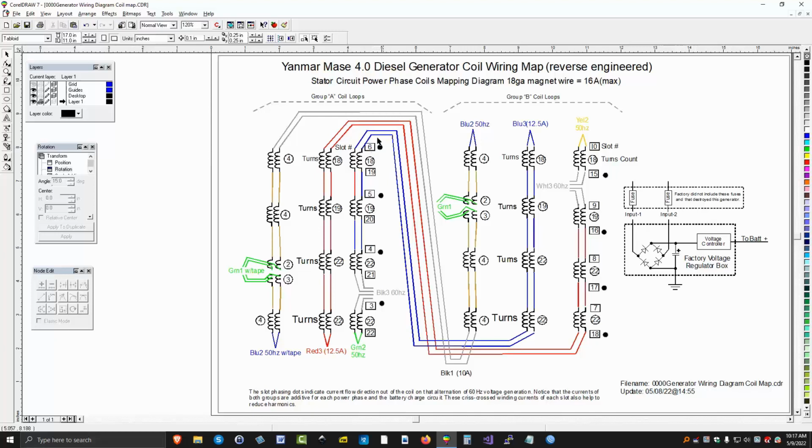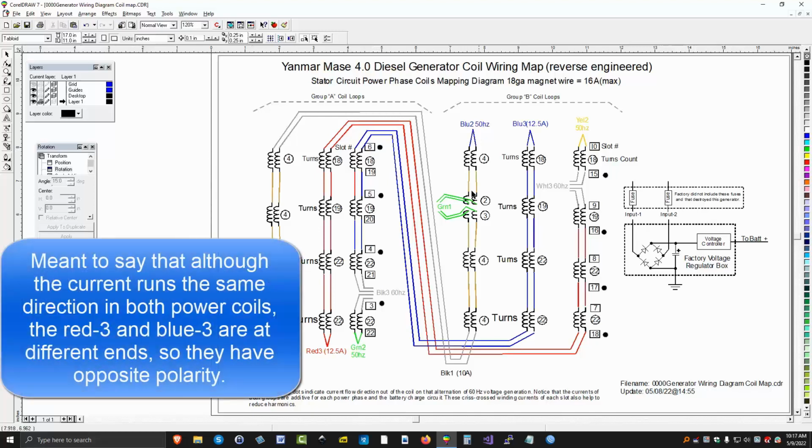So in other words, when the red 3 is plus, the blue 3 is also plus. In other words, they're not opposing voltages. They're not opposing induced currents. So that's something to keep in mind: that these two phases, although there's two separate phases, they're in phase, if you understand that.